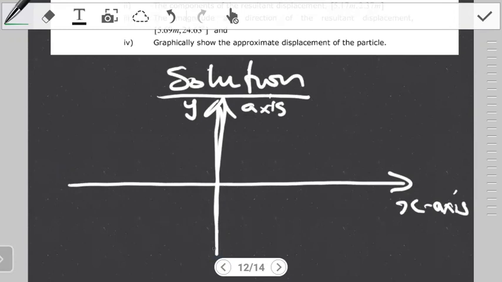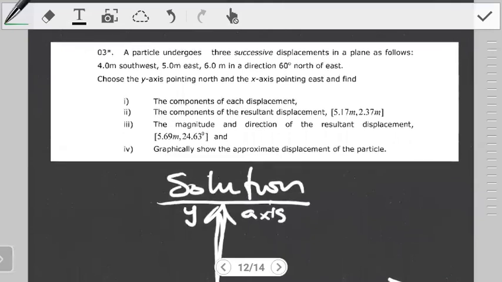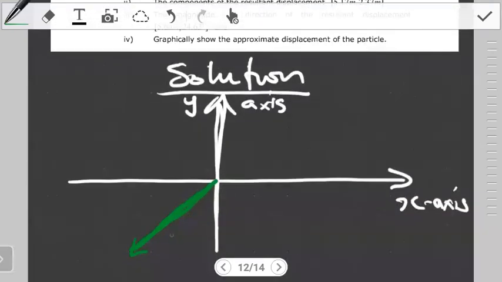In other words, midway between the negative x-axis and the negative y-axis. So I expect this vector to be exactly midway, exactly here. So this is my vector, and the question is saying this vector is 4 meters. They haven't given me the angle, but since it is exactly midway, this angle here is 45.